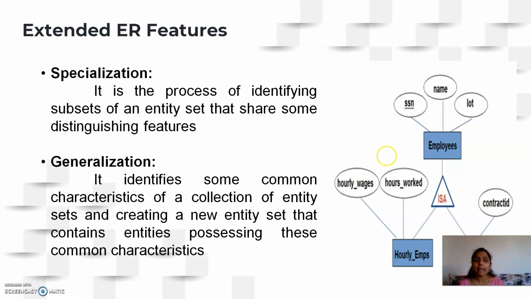An hourly employee is also an employee, so an hourly employee will also have SSN, name, and a lot. But along with these three attributes, the hourly employee will also have some distinguishing features: the number of hours worked by that employee and the wages or remuneration paid to that employee based upon the number of hours worked.